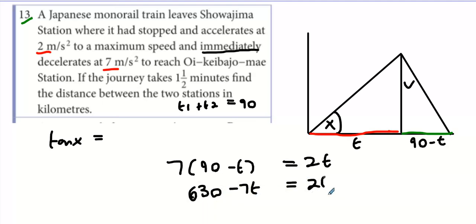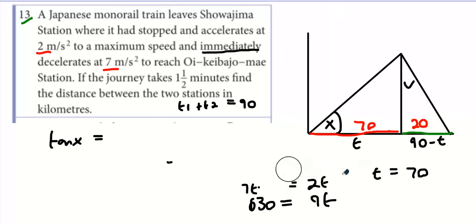Oh, it will. 630 equals 9t, t equals 10, there we go. We know T1 is 70 and T2 is 20. Believe it or not, I didn't even have to go through all that.